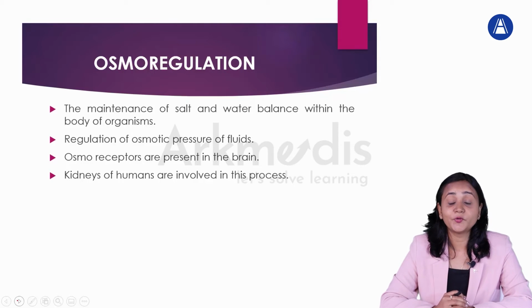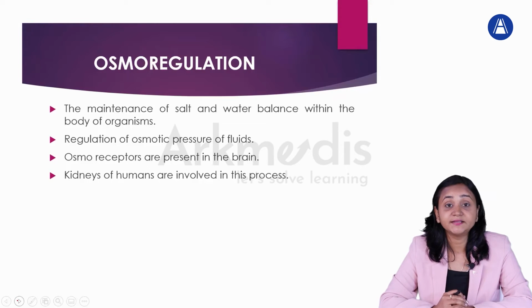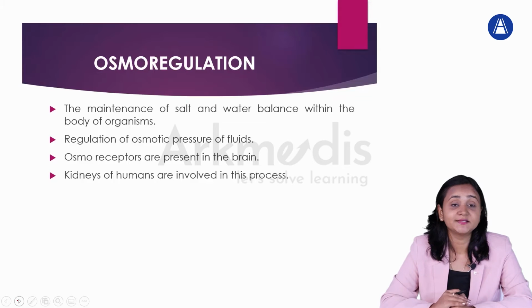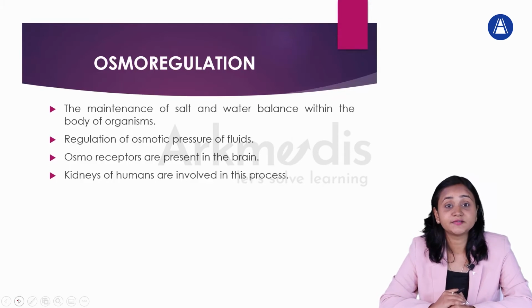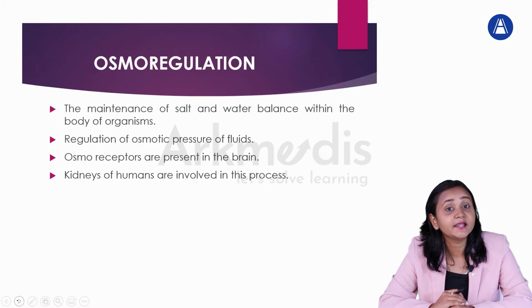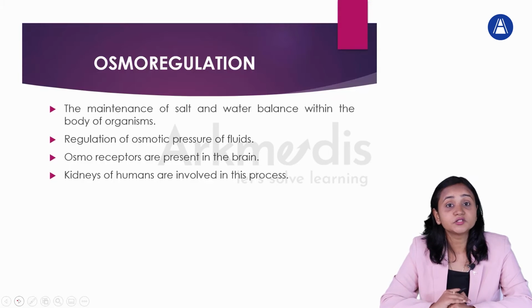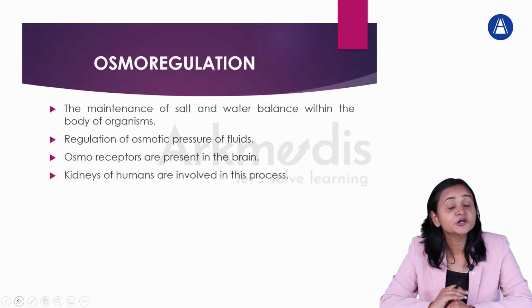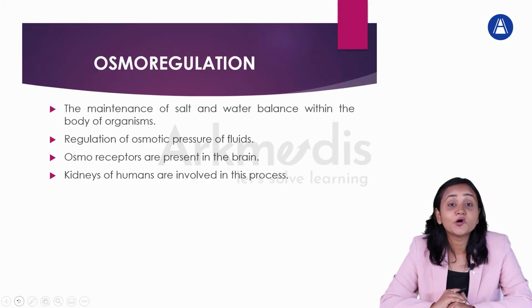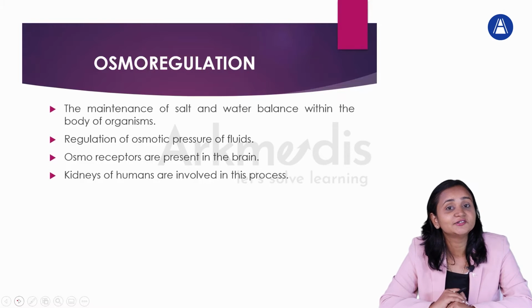Now, another important process performed by the kidney is osmoregulation. Osmoregulation means the maintenance of the water and salt balance inside the body. Now, the osmotic receptors are present inside the brain and the kidneys coordinate with these osmotic receptors of the brain to perform this important osmoregulation function.